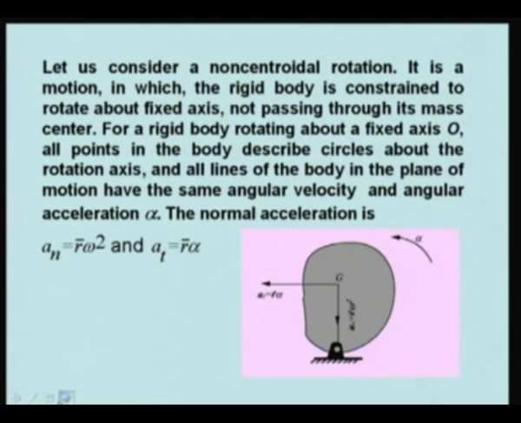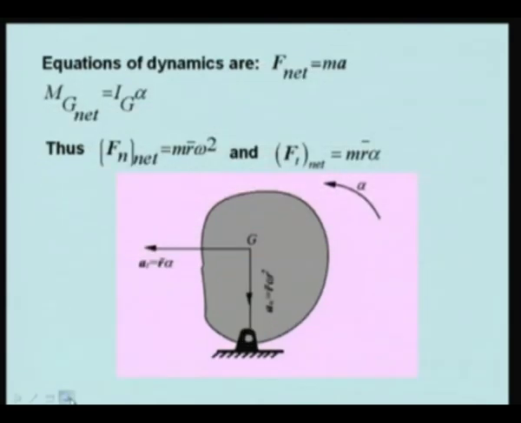For a rigid body rotating about a fixed axis O, all points in the body describe circles about the rotation axis at all times, and all lines of the body in the plane of motion have the same angular velocity omega and angular acceleration alpha. These things we have discussed in the last classes. So the normal acceleration a_n is equal to omega square r bar, and a_t is equal to r bar into alpha. So these things will hold good.